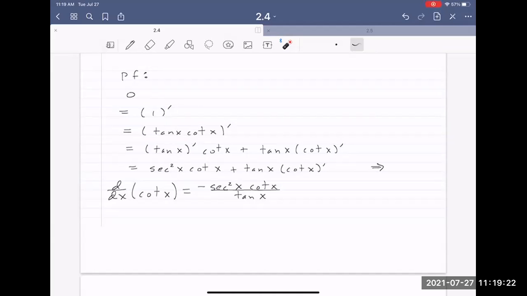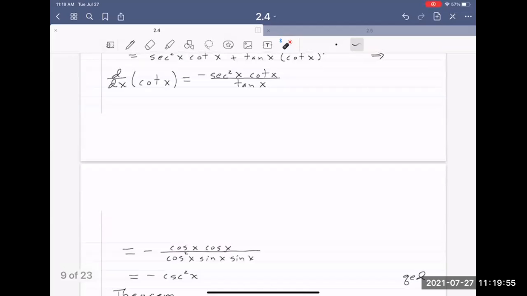We just derived the fact that the derivative of tangent x is secant squared. So this is equal to secant squared x cotangent x plus tangent x times the derivative of cotangent x. So let's bring this to the other side and solve for the derivative of cotangent x. So the derivative of cotangent x is equal to minus secant squared x times cotangent x divided by tangent x.